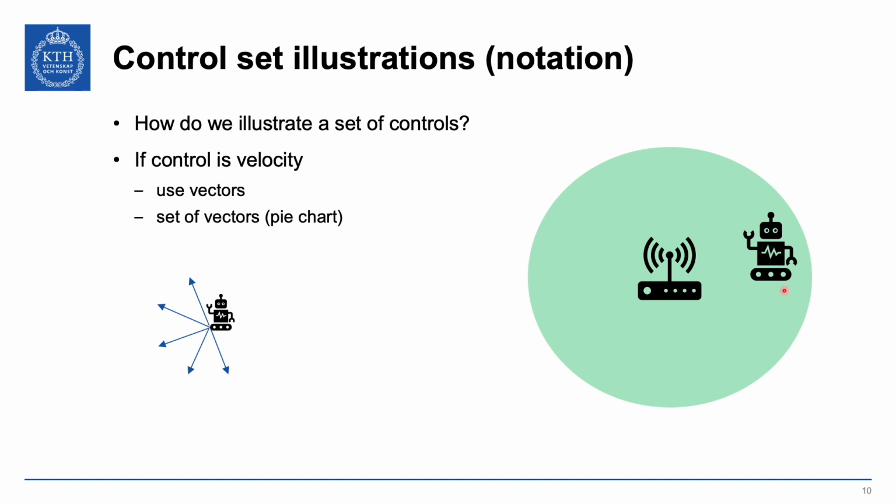Going to the right is not okay, because then we're going to leave this area. And this is not just 5 vectors, but an infinite set of vectors pointing in here. So we're going to illustrate this by this kind of pie chart thingy, all this infinite set of vectors lying here. Then obviously you can either go fast to the left or you can go slow to the left, so there's a shorter vector here as well, but we're going to illustrate all of those options by a pie chart.